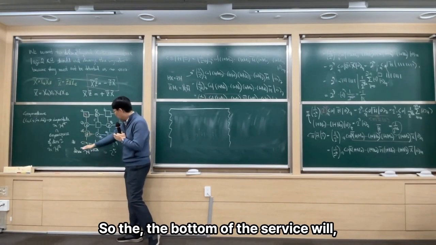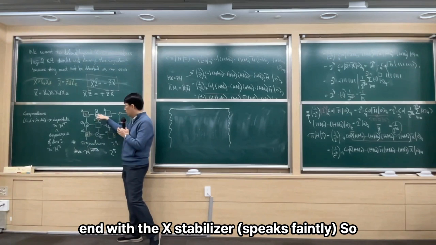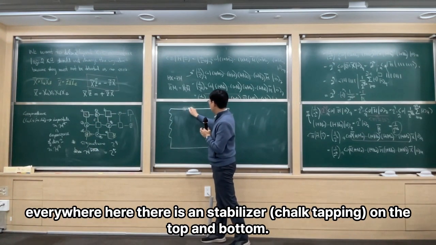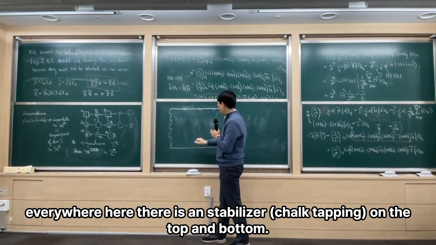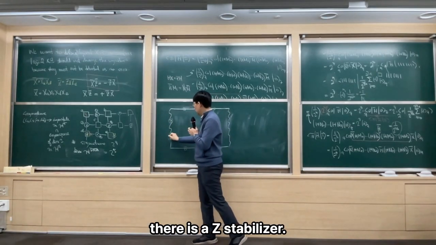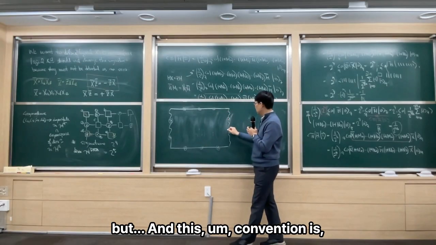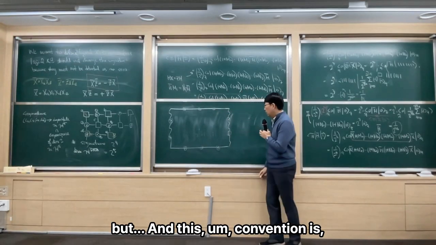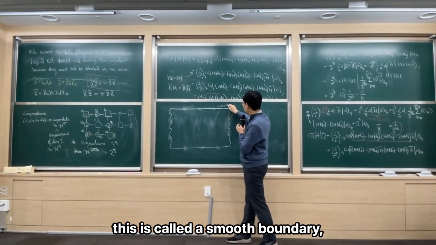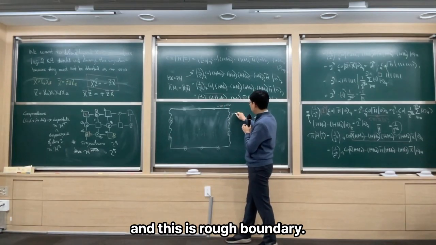So the bottom of the surface code will end with the X stabilizer. So everywhere here, there's an X stabilizer on the top and bottom, and on the left and right, there is the Z stabilizer. Kind of imagine it this way. The convention is, this is called smooth boundary, and this is rough boundary.